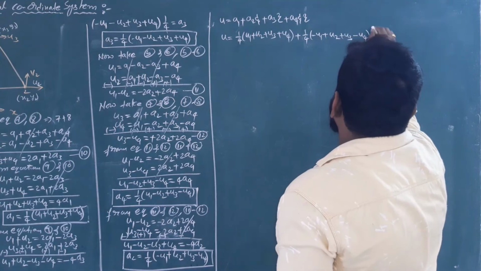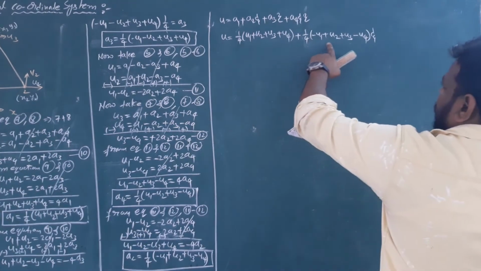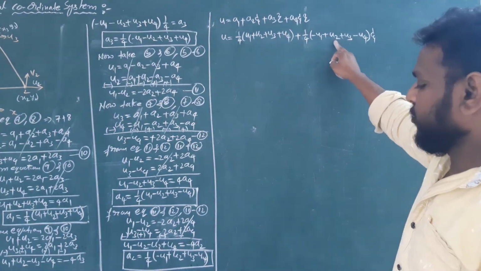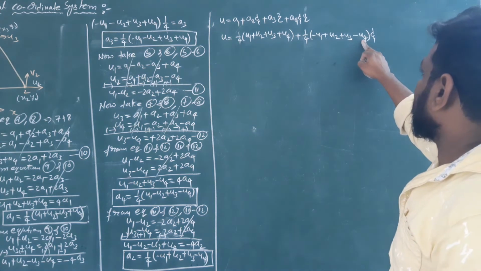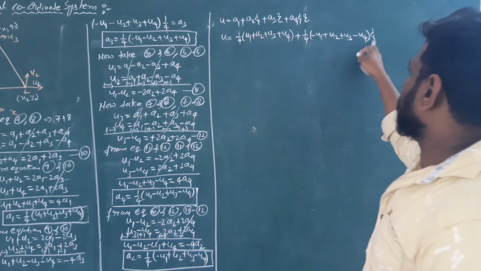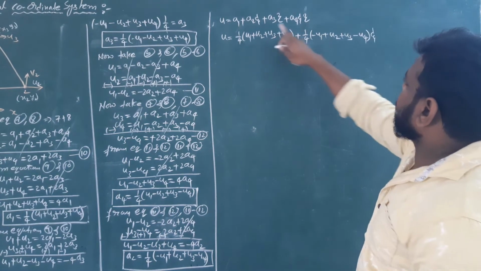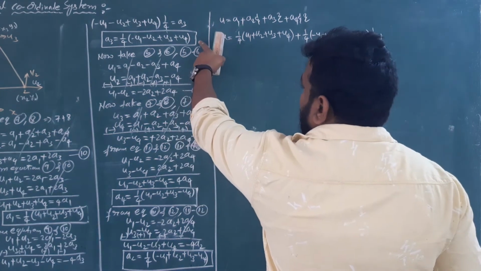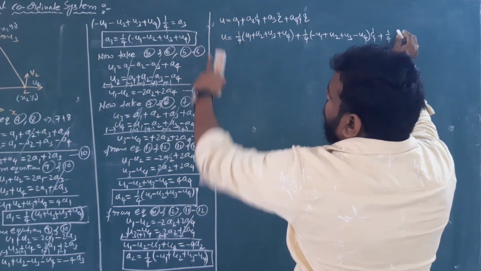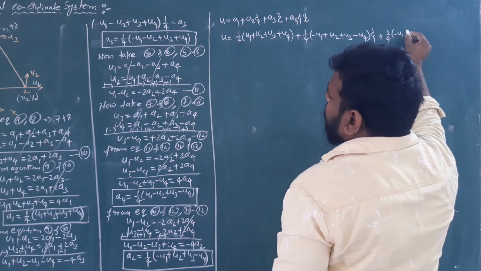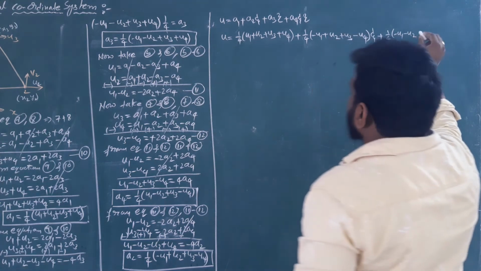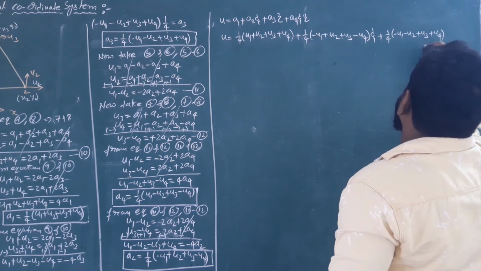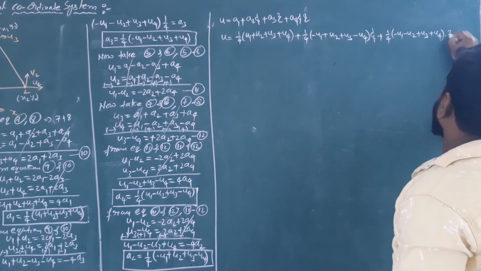That is the a2 value, which is 1 by 4 into minus u1 plus u2 plus u3 minus u4, into j. Okay, next plus the a3 value. A3 value I have already found, that is 1 by 4 of minus u1 minus u2 plus u3 plus u4 into eta.